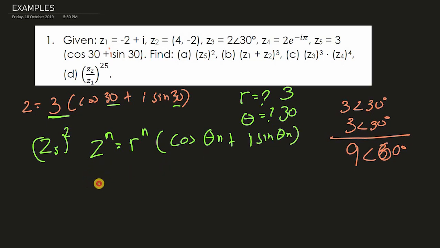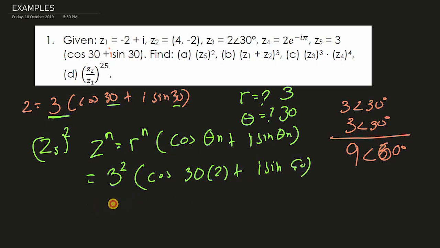So let's substitute details. R natin is 3. N natin is kung ano yung power na naka-raise siya, which is 2. Cosine theta. Ano yung theta natin? Theta natin is 30. Ano yung n natin? N natin is again 2 plus I sine, same lang, theta times n, which is 60.